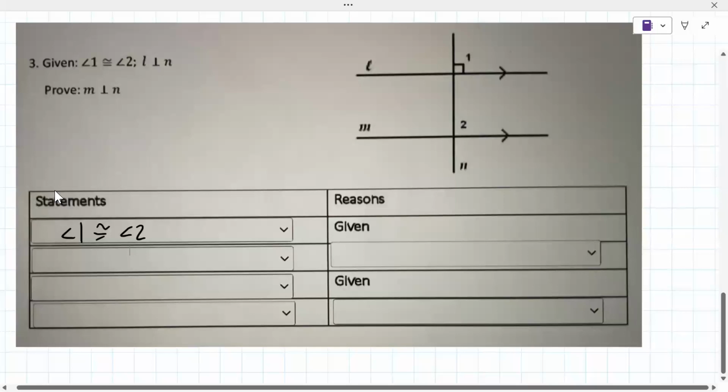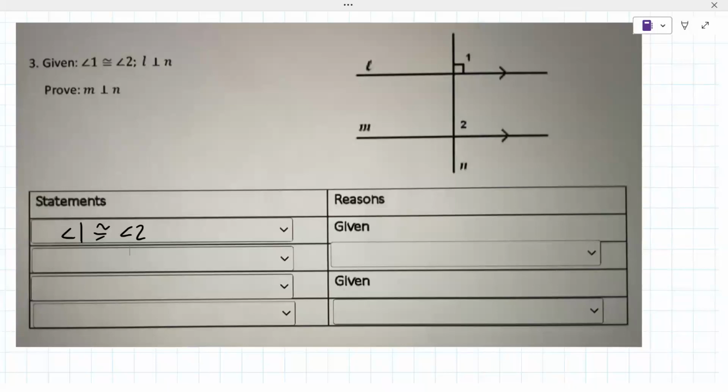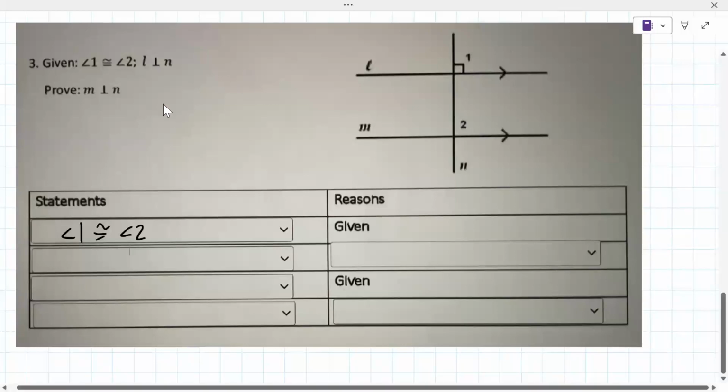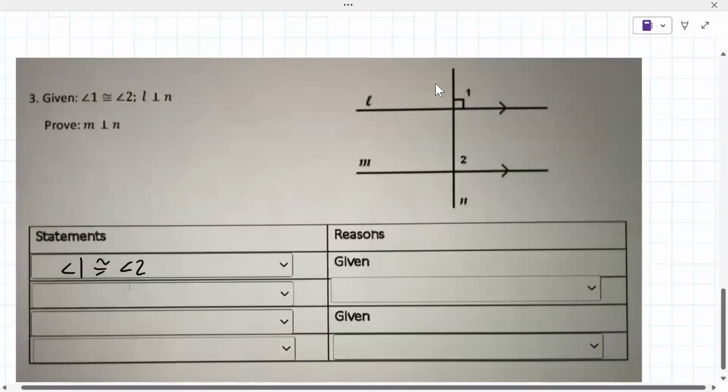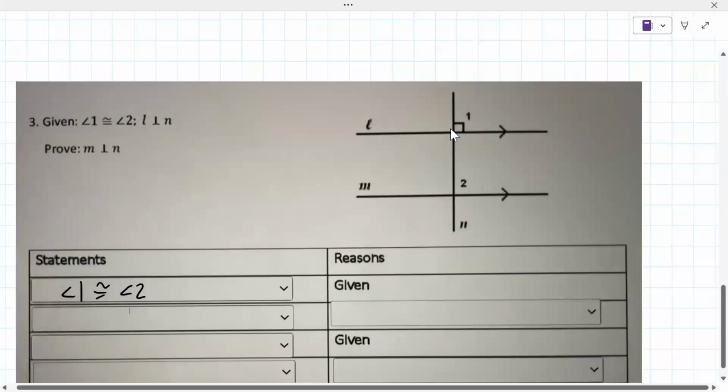I don't think that's the first one. I'm at a little bit of a loss here because I don't know, maybe it doesn't matter. It's kind of like the last one we did, but we're basically like, okay, L is perpendicular to M. So we know that, actually I guess I maybe want to start with that one.